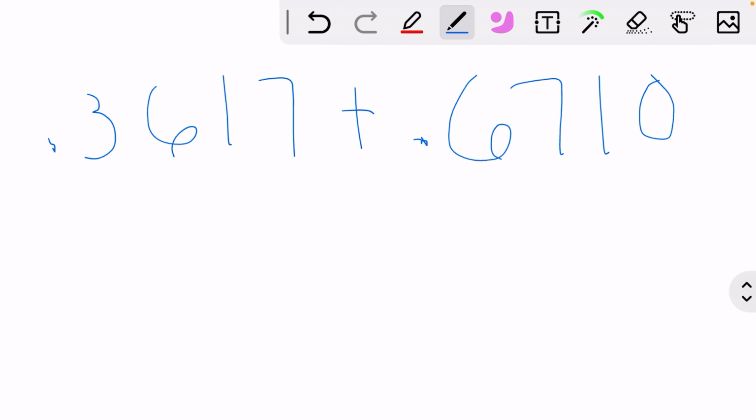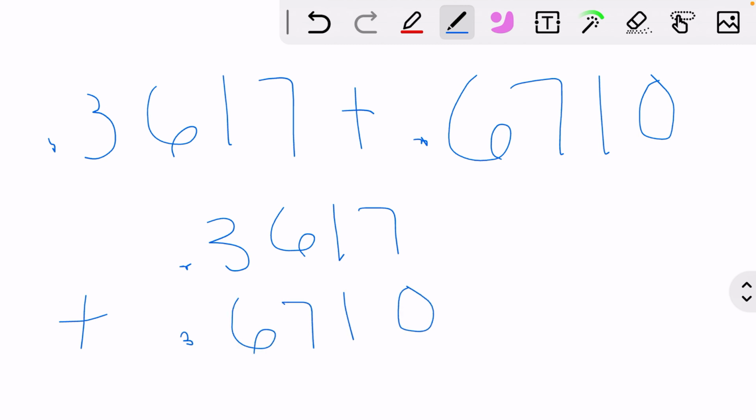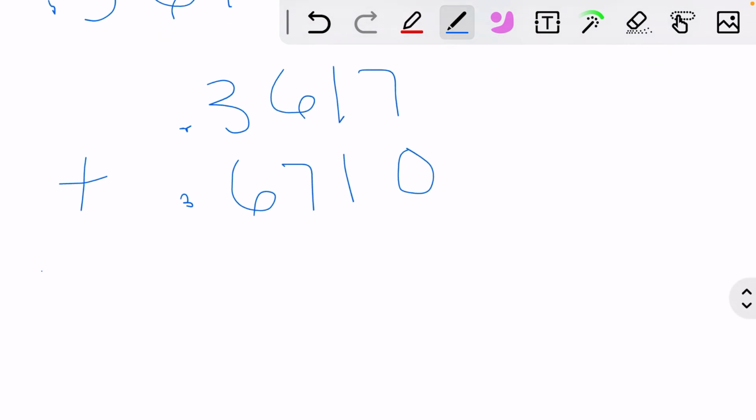So we've got 0.3617 plus 0.6710. Now that we've got both of these numbers aligned vertically and both of the decimals right on top of each other, we can just add these like regular numbers.